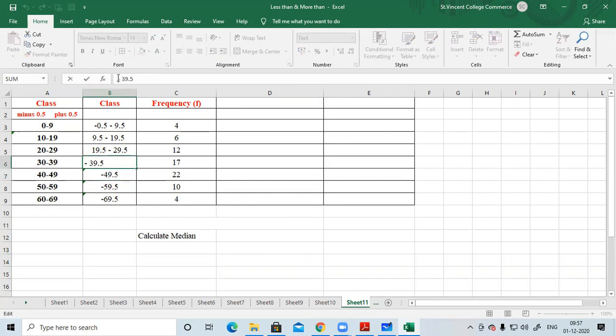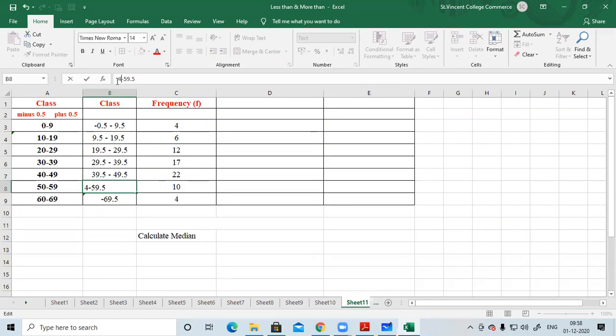And whatever is on the right hand side of the above class, you copy it down. That is 29.5 to 39.5. Then the above class is 39.5 to 49.5. Then the above class right hand side, you bring it to the left.